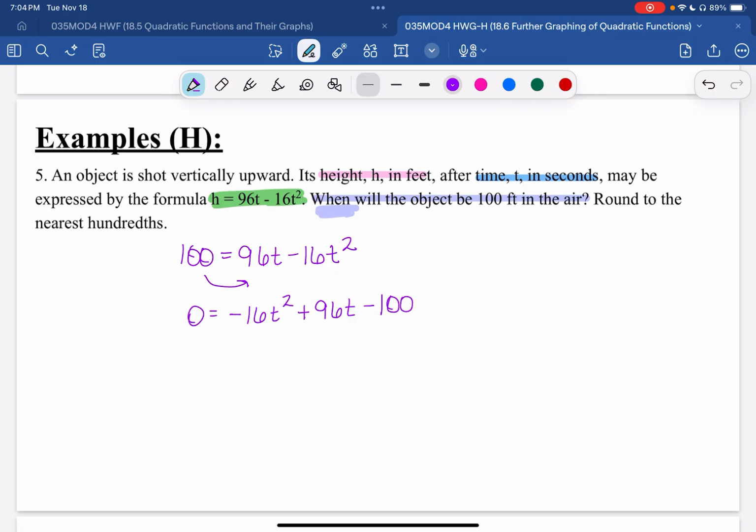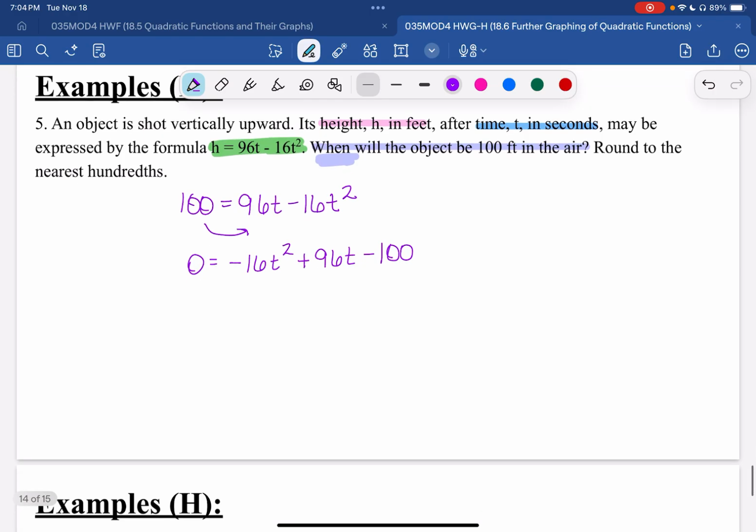Now, this one does not look like it's that easy to try to factor, even if it could be factored. So remember, another option to solve a quadratic besides factoring is the quadratic formula. So remember the quadratic formula, x equals negative b plus or minus the square root b squared minus 4ac all over 2a. So we can also use that. So x, in this case, it's t, right?